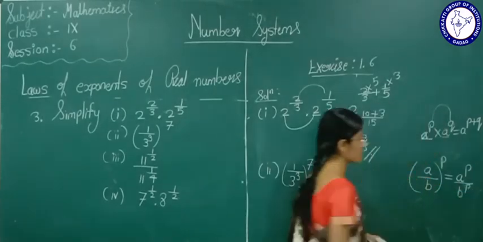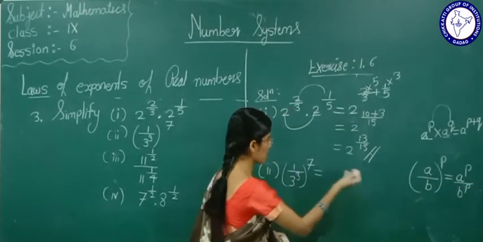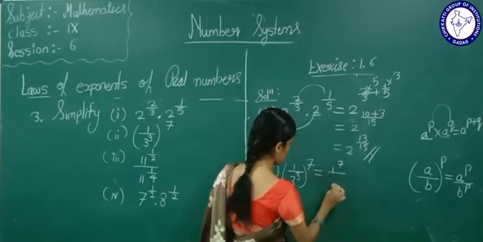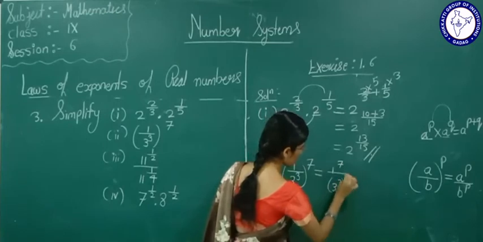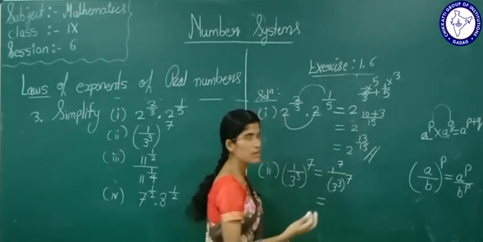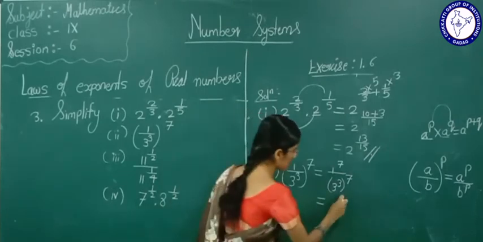The same law we are going to use here. 1 raised to 7 divided by 3 raised to 3 raised to 7. 1 is multiplied 7 times, it will come 1 only, right?